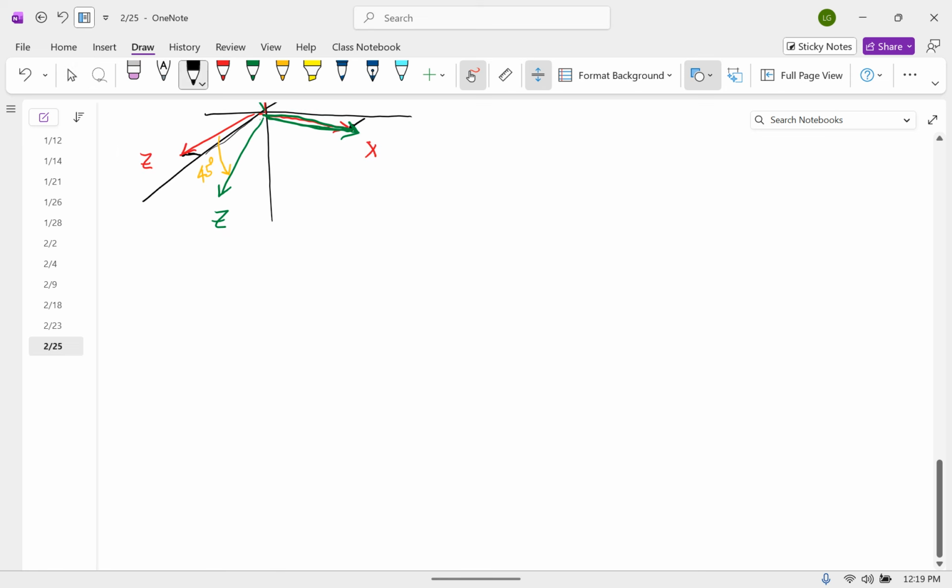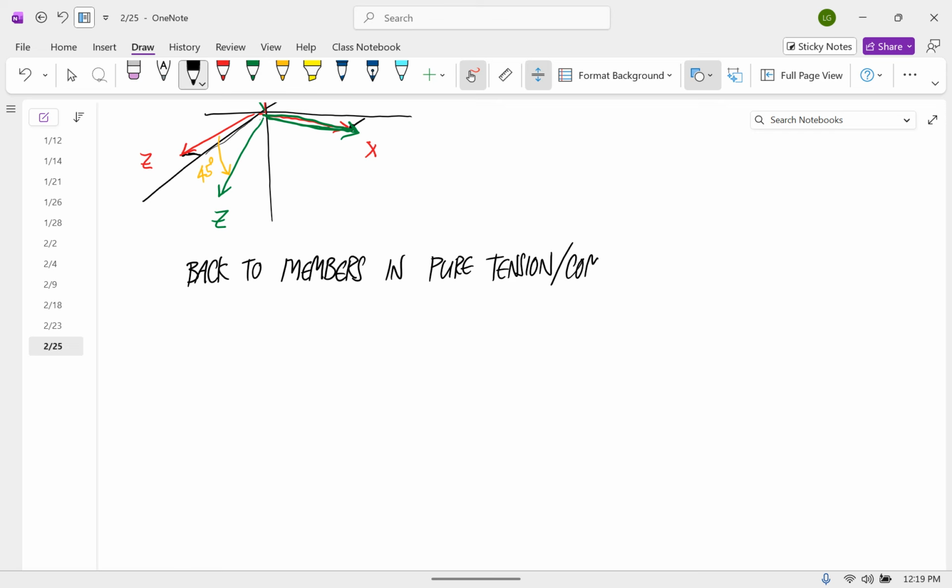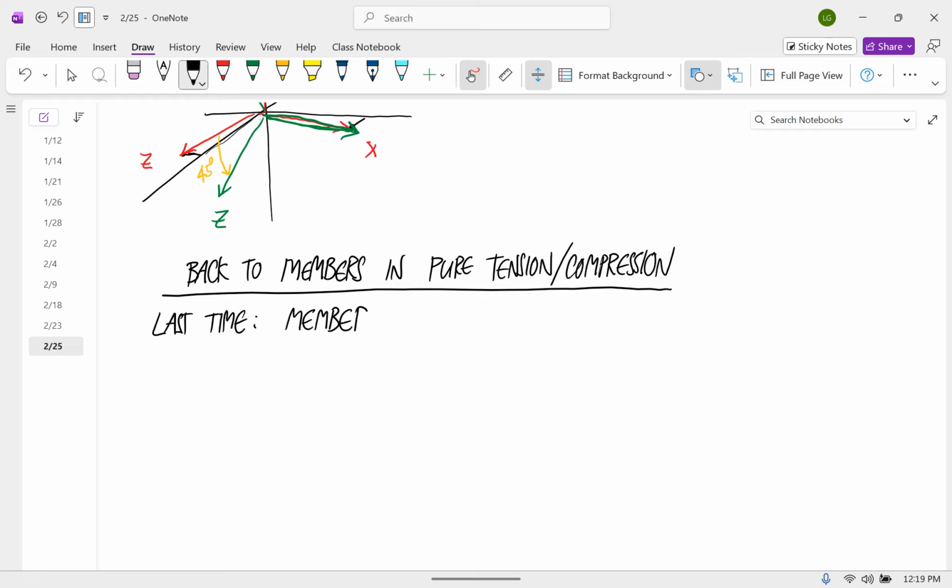So now we're going back to members in pure tension and compression. Last time we talked about members in uniaxial tension and compression.